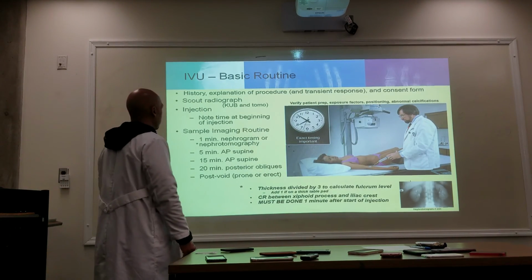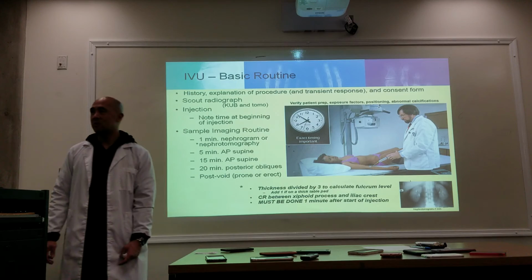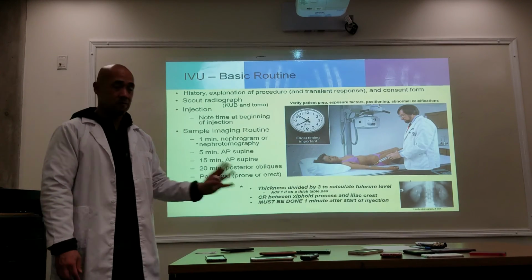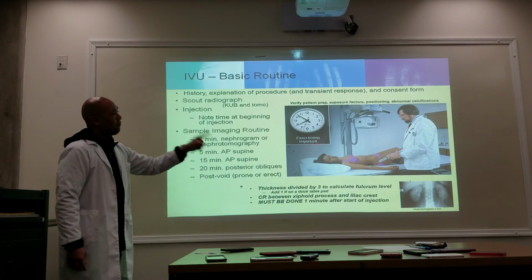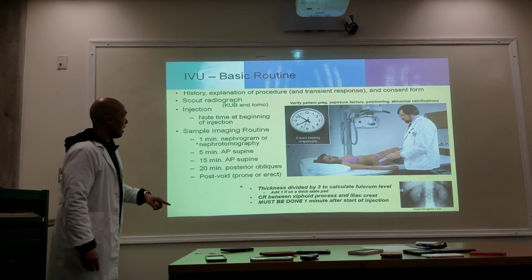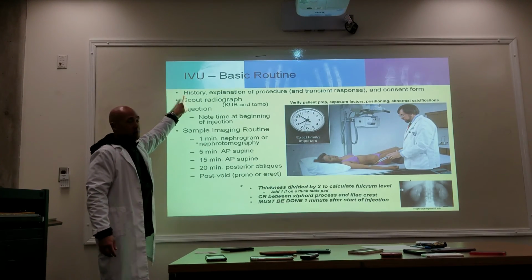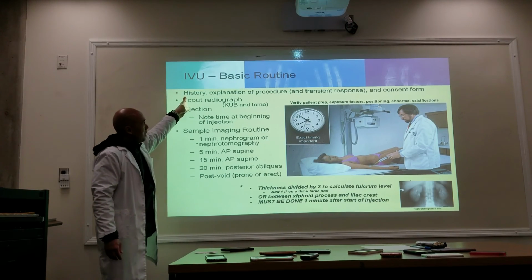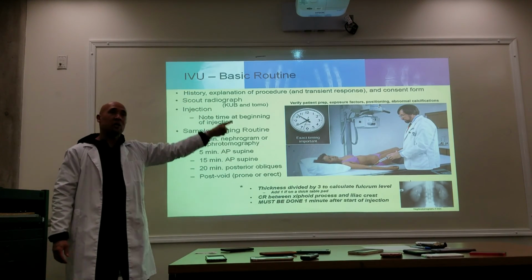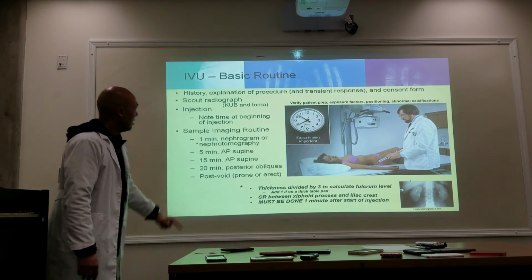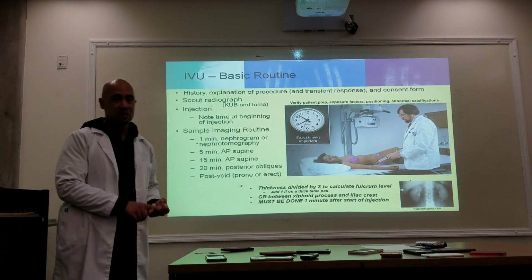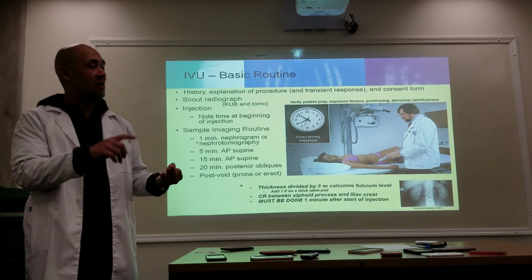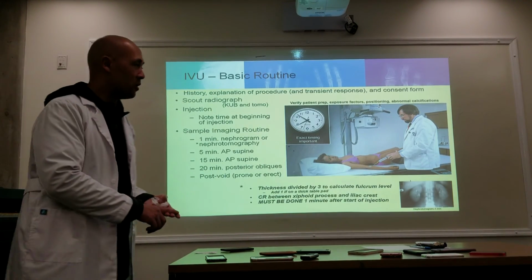All right, let's start talking about the basic routines. I put a whole bunch of stuff up here, so pay close attention. Before you proceed with the exam, you want to get history. You want to explain the procedure, including the transient response. Clinical history includes finding out what they're allergic to and if they've had this procedure done before. If they had allergies, what are they allergic to?